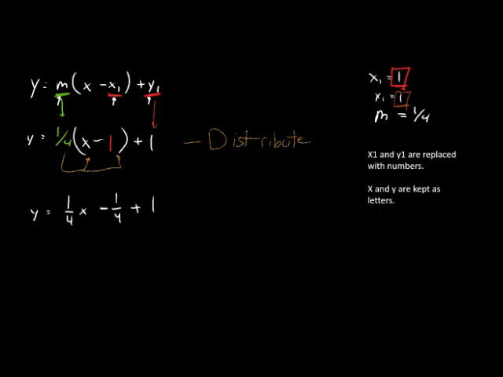Now, we can combine the -1/4 and the 1, but we're going to have to get a common denominator in order to do so. Since we have a denominator of 4 in the fraction we're trying to add, we will multiply on the top and bottom by 4. That will give us our common denominator.